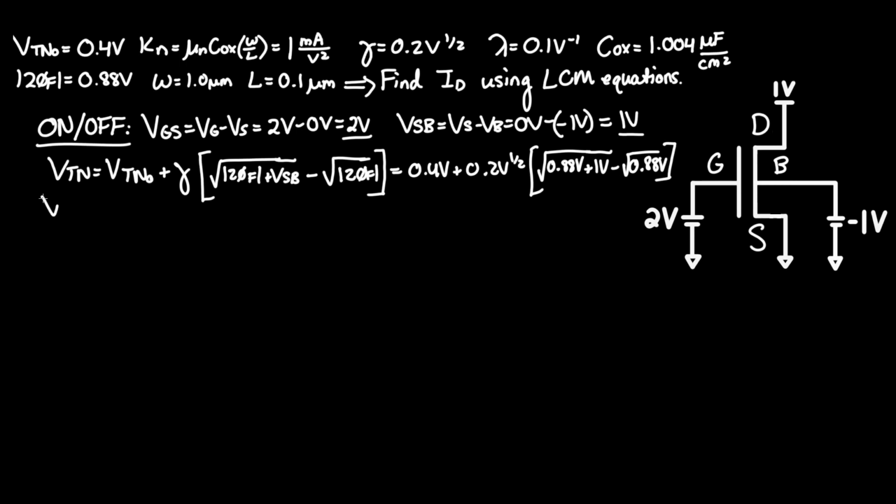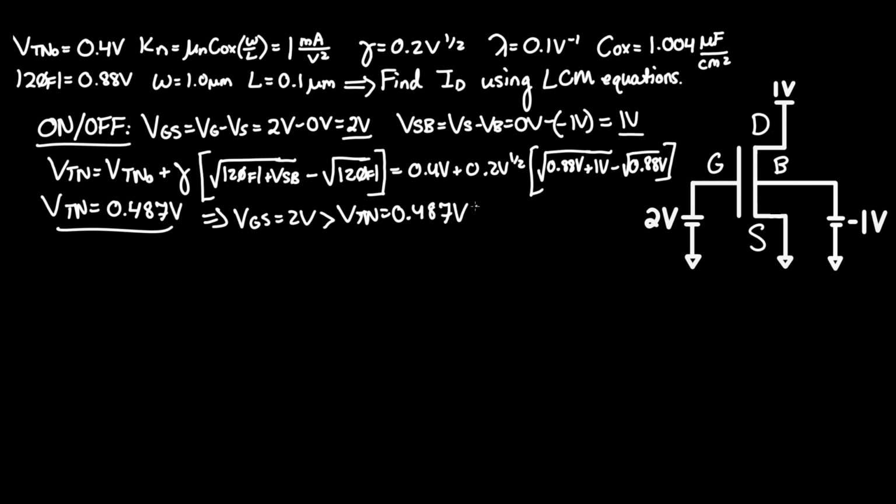Putting this in the calculator, you get your threshold voltage of 0.487 volts. Now comparing that to VGS, we can clearly see that VGS is greater than VTN. Thus, the device is on.